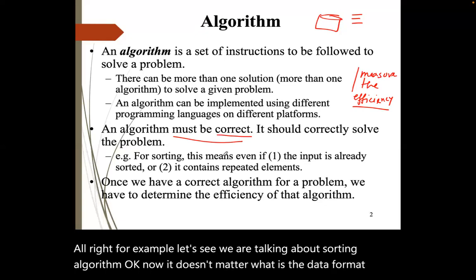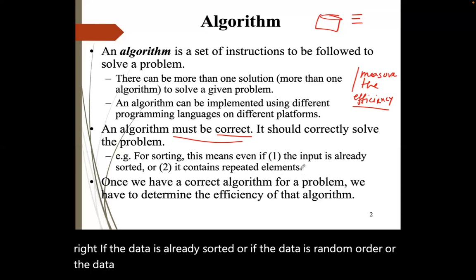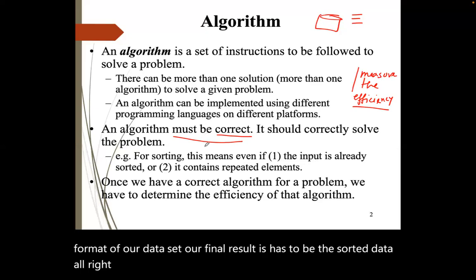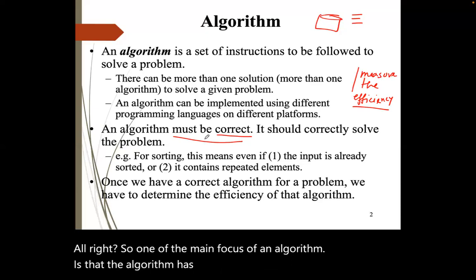All right. If the data is already sorted, or in random order, or has repeated elements, it doesn't matter what the format of our data set is. Our final result has to be the sorted data. All right. So one of the main focuses of an algorithm is that it has to produce a correct result.